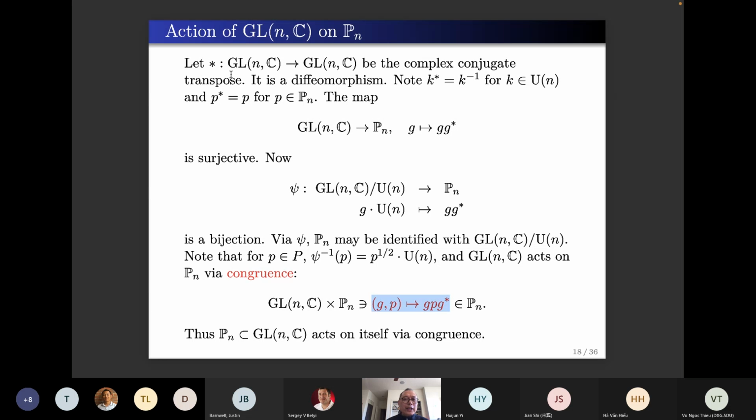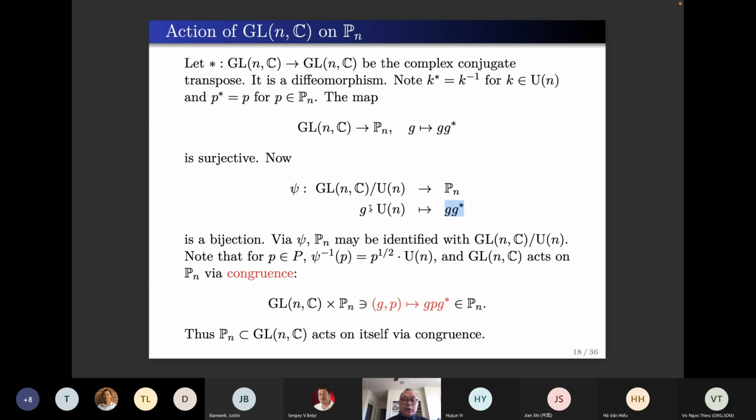Let's try to explain it. Start with the complex conjugate transpose; it is a diffeomorphism. So you have this map from GL_N(C) to P_N, which is surjective: you map G to GG*. You identify these two spaces, and then the coset is mapped to GG*, and this is bijective.